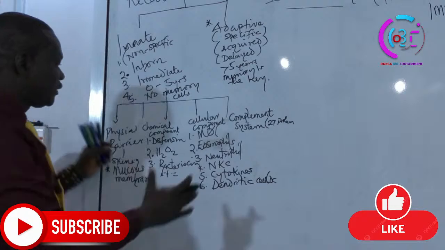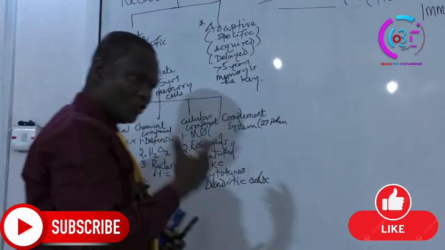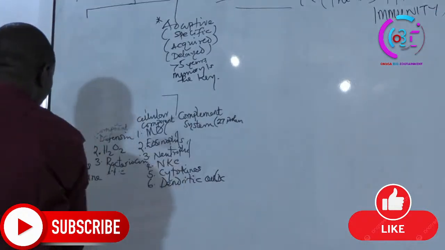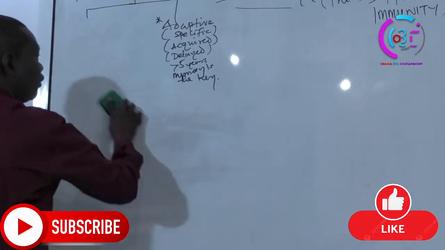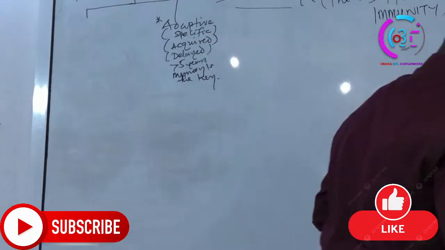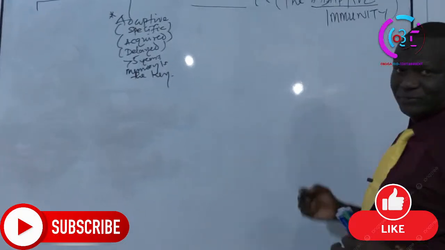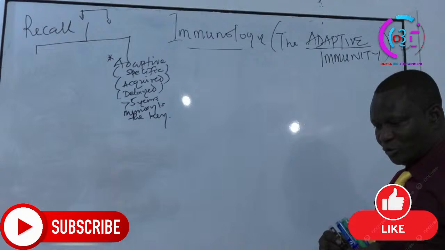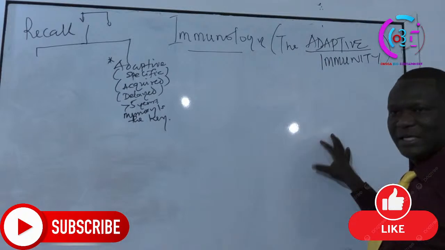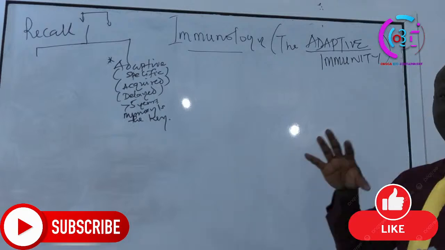This is just a recap of what we have been doing so far in this course. Just like I told you, we are going to be very specific in dealing with today's topic, which is the adaptive immune system. Now, looking at even the word adaptive, one of the key characteristics of an organism is the ability to survive and adapt to a new area.